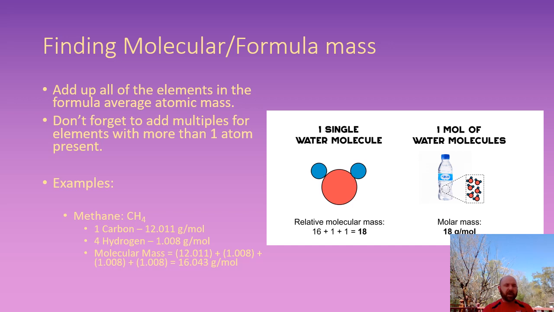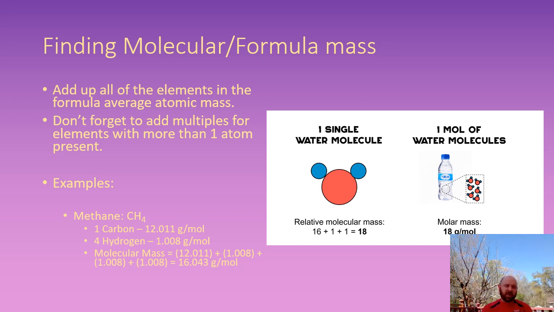And so to find the molecular mass of the entire methane CH4 molecule, I would add 12.011 plus 1.008, and I would add the 1.008 4 times to get to a result of 16.043. So 1 molecule of methane weighs 16.043 atomic mass units, and 1 mole of methane has a mass of 16.043 grams.